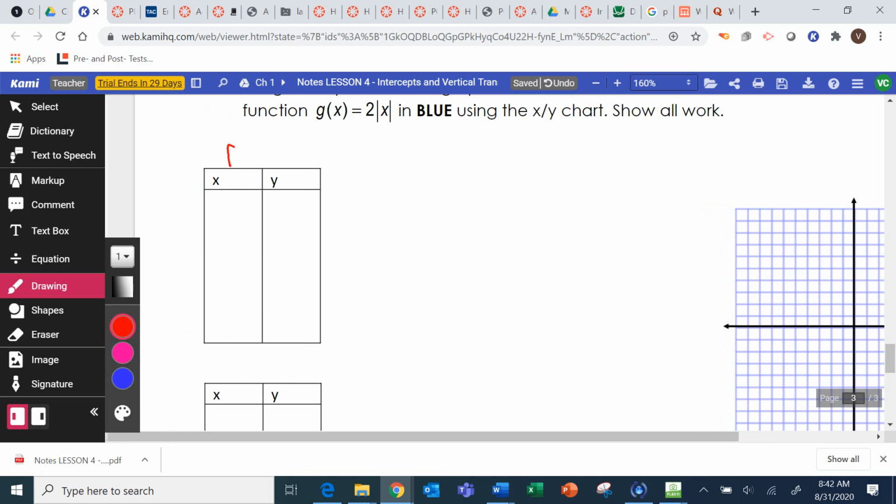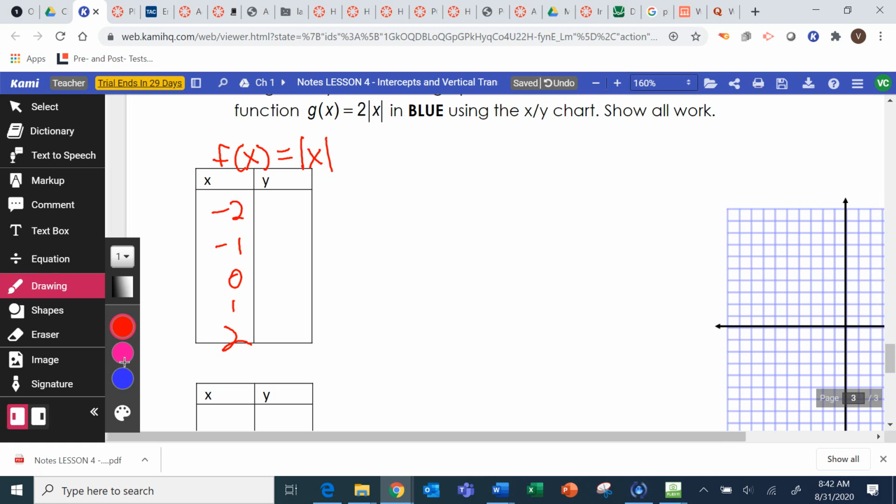Our f of x equals absolute value of x. If I plug in -2, -1, 0, 1, 2, and I do the absolute value, the absolute value is the distance a number is from 0. Distance is always positive, so we have 2, 1, 0, 1, 2. So we're getting only positive answers out.